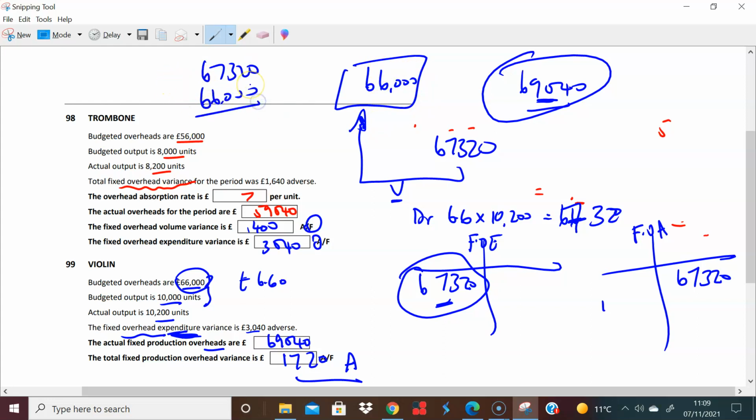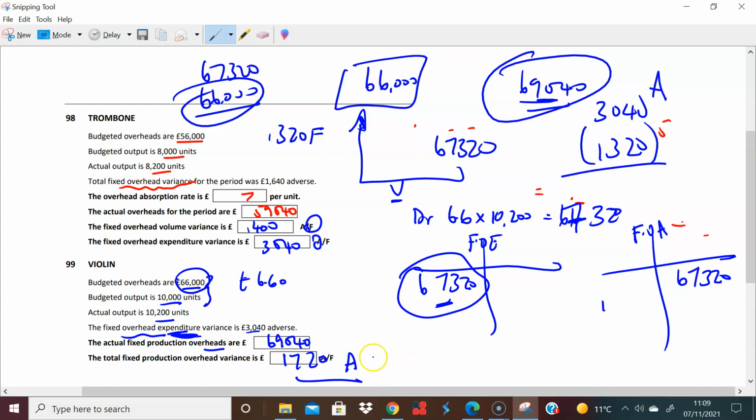We basically put in too much; we basically over-absorbed. 67,320 minus 66,000 is 1320, so that's 1320 favorable. And then we went from 66,000 all the way up to 69,040, which was 3040 adverse. So you now know that the combination of the two, this adverse and this favorable, is what gives you the 1720 adverse.